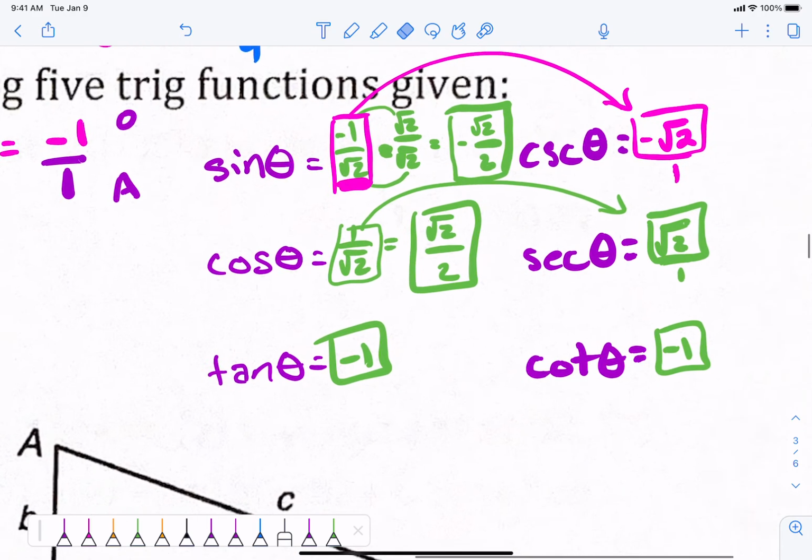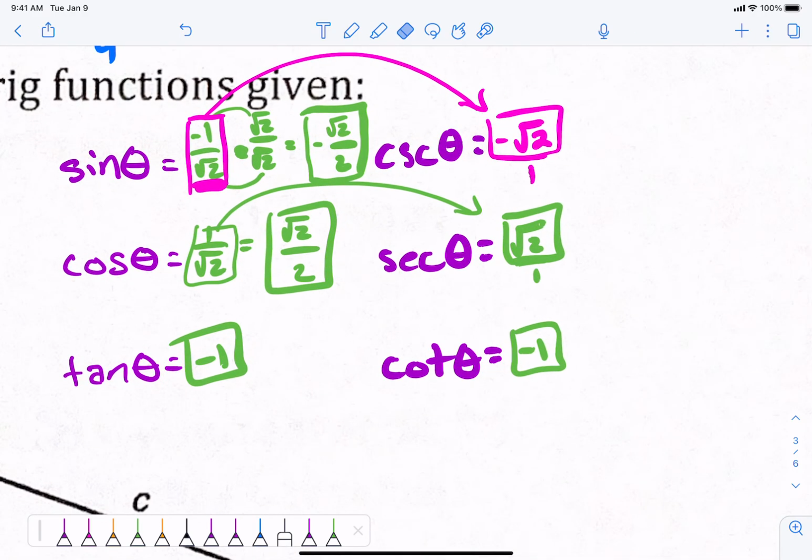So look at 315 and it'll be the same. Sine is negative square root of 2 over 2, cosine is positive square root of 2 over 2, right? Tangent is negative 1, right? Okay, so that's on your unit circle also to check. Or if you came up with that, you don't even have to do the sine, cosine, and tangent. You can just pull that off of your unit circle, right? Okay, good? Okay, let's go to some easy ones.